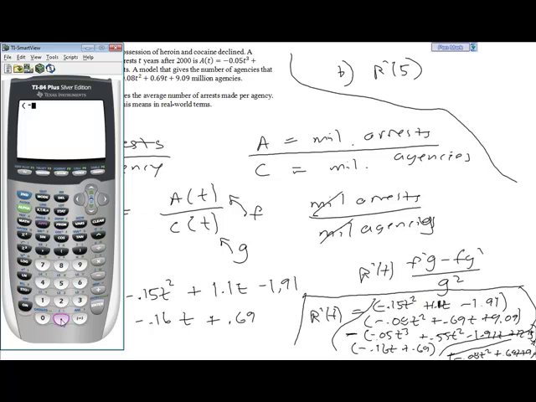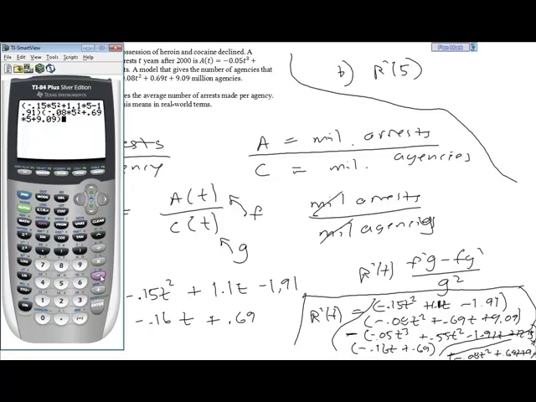So I'm going to do negative 0.15 times 5 squared plus 1.1 times 5 minus 1.91, times negative 0.08 times 5 squared plus 0.69 times 5 plus 9.09.